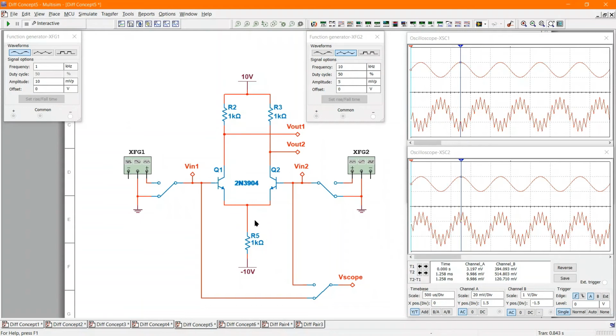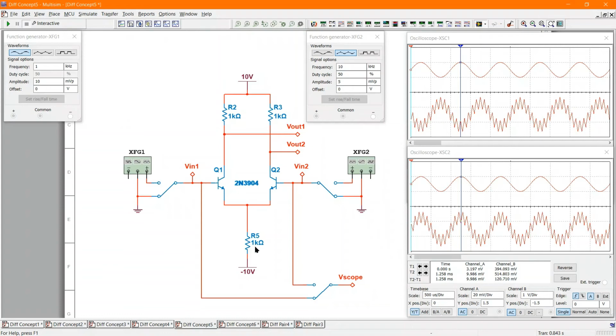So the purpose of choosing R5 is basically to set up what's called the emitter tail current, to get a certain amount of current down through this path, and then that will split equally on the two transistors, and then you'll get a voltage drop here, and you can get a normal operating point someplace in the middle of the load line.